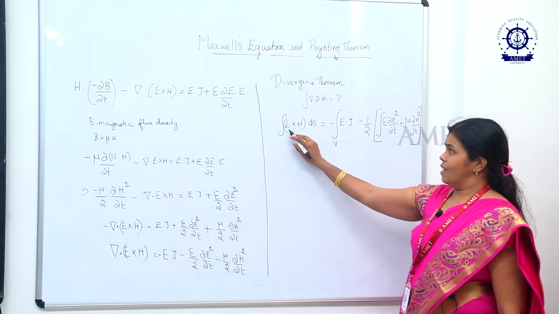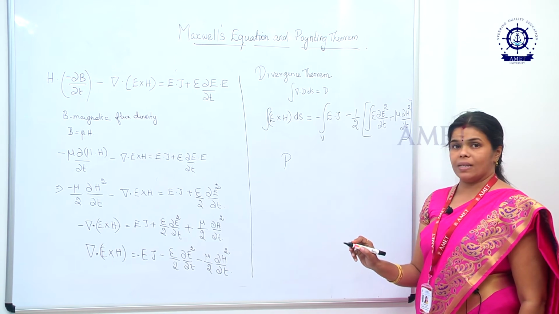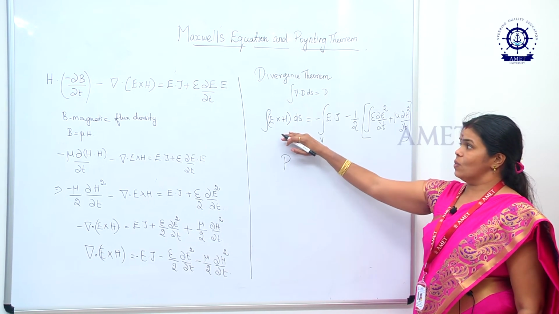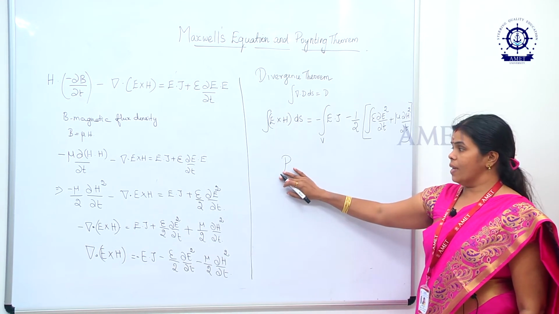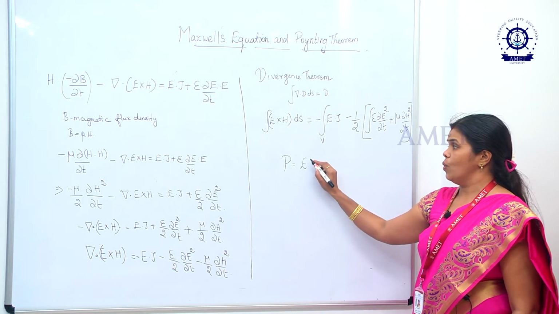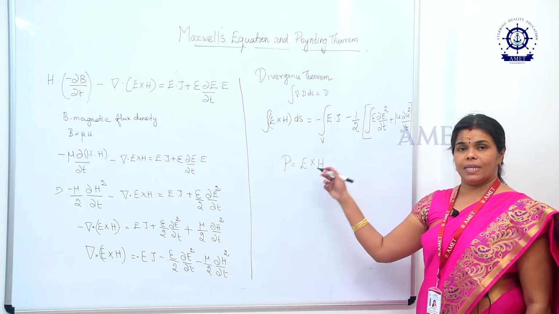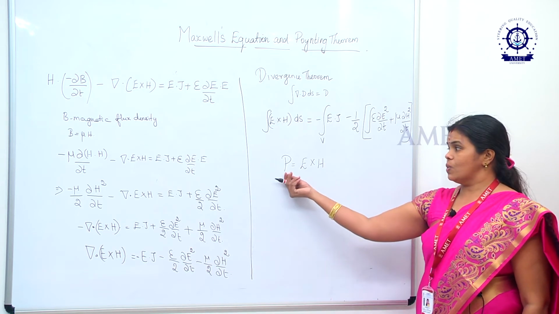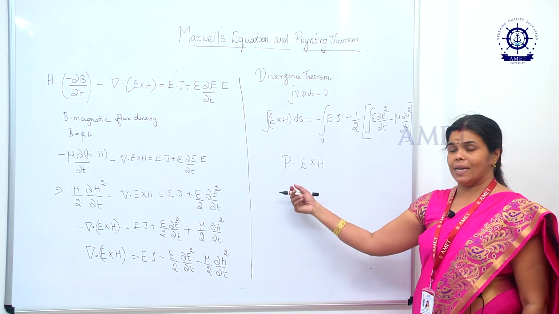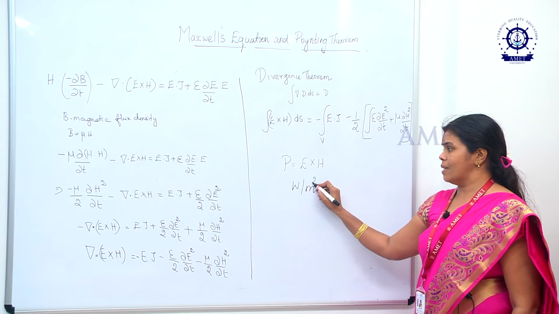The Poynting theorem E cross H can be expressed as the Poynting vector P, which is equal to E cross H, that is the cross product of the electric field and the magnetic field. The unit of the Poynting vector is watt per meter square.